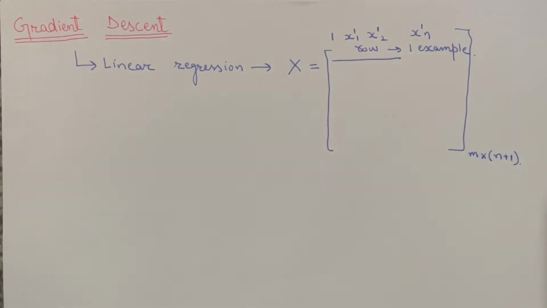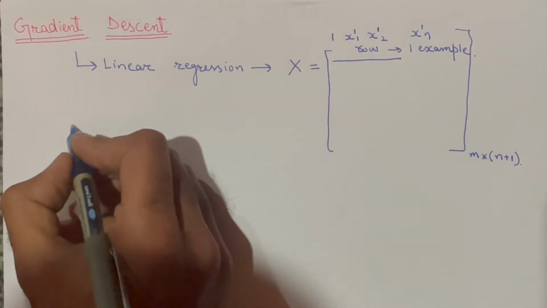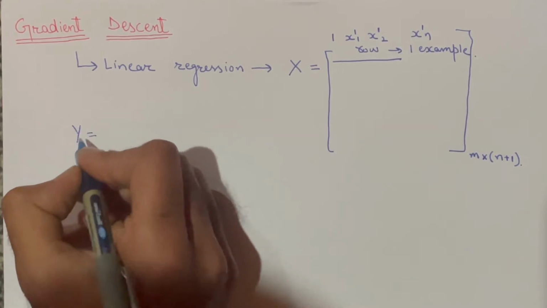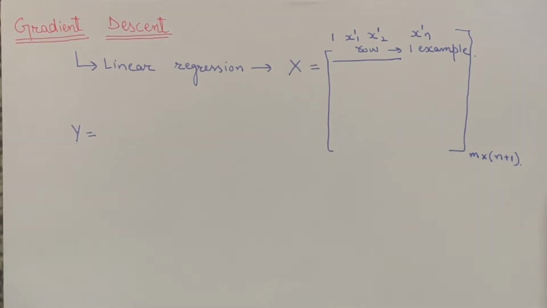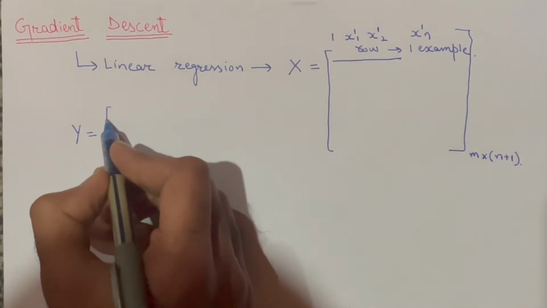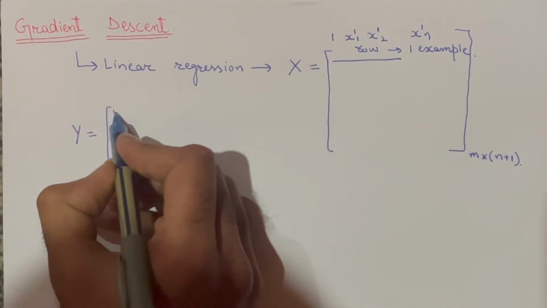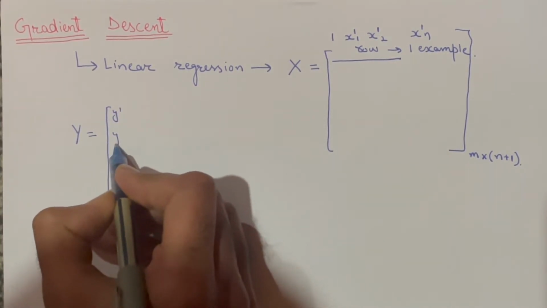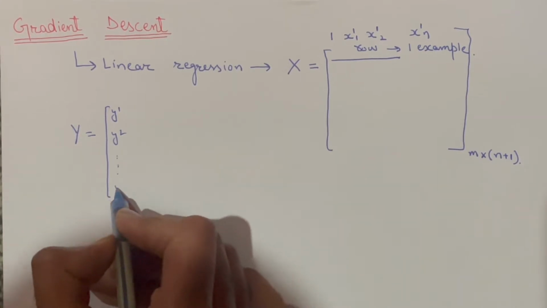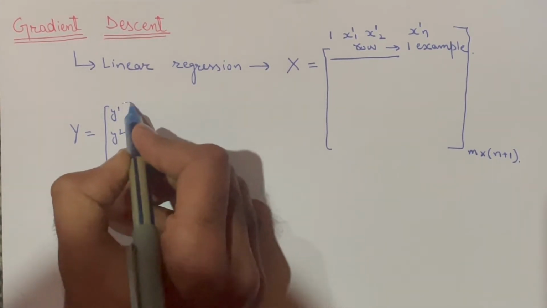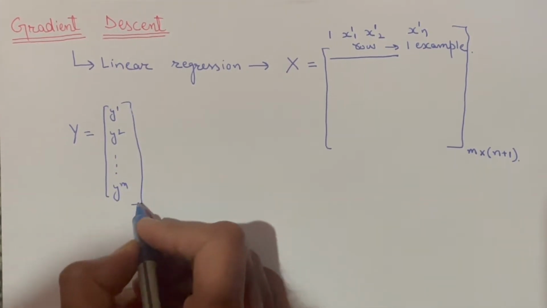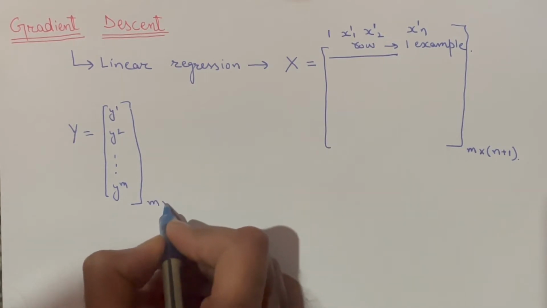So this was our input, and the output for this is our y. This is the actual output in the data set, and y is y1, y2, ..., ym, since we have a total of m data points, so the size is m cross 1.